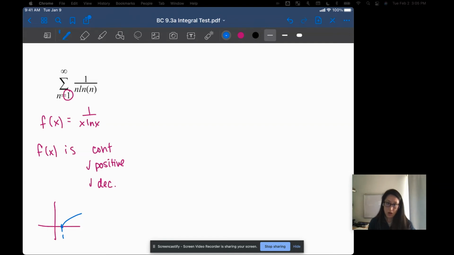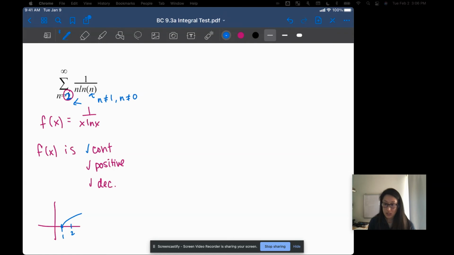And then we also have to check that it's continuous. Oh, this is the problem. I wrote this problem down wrong. We're going to start at n equals 2. Normally n cannot equal 1, nor can n equal 0, otherwise we'll be undefined. But because we're starting with the value of n equals 2, we don't have to worry about the discontinuity at n equals 1 and n equals 0.